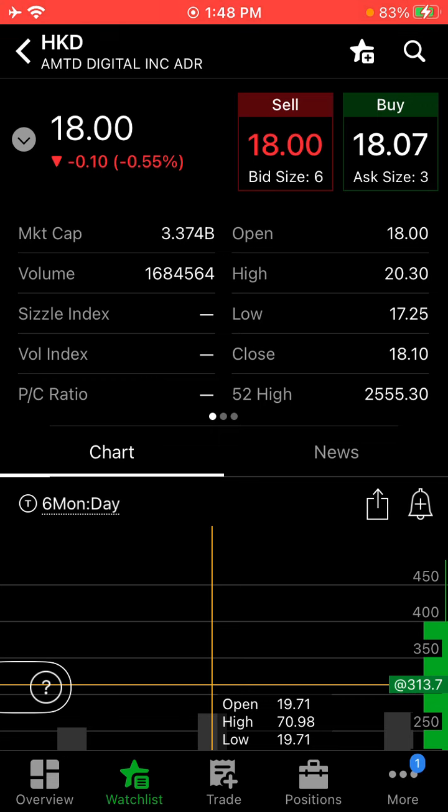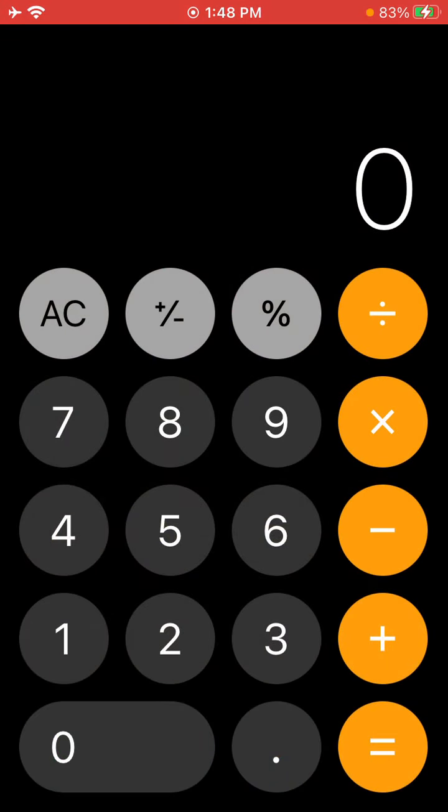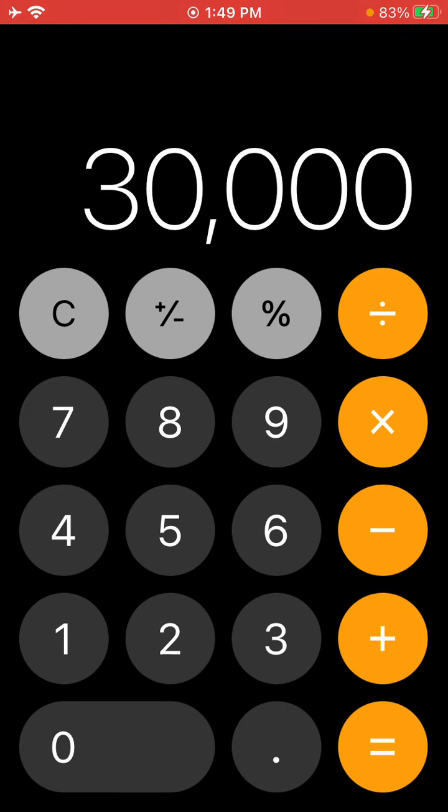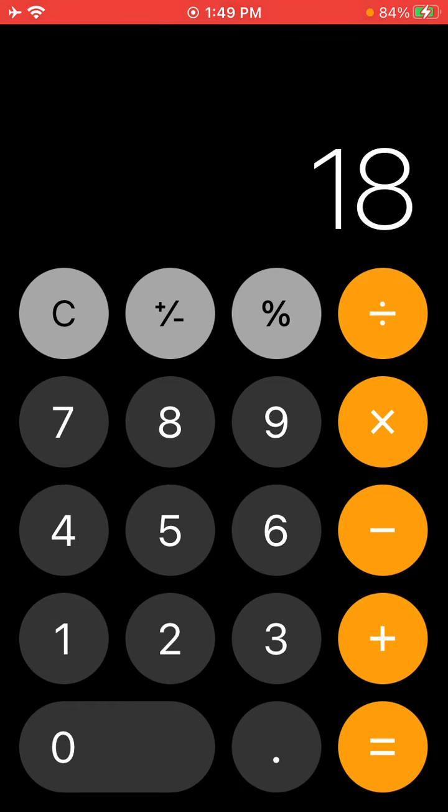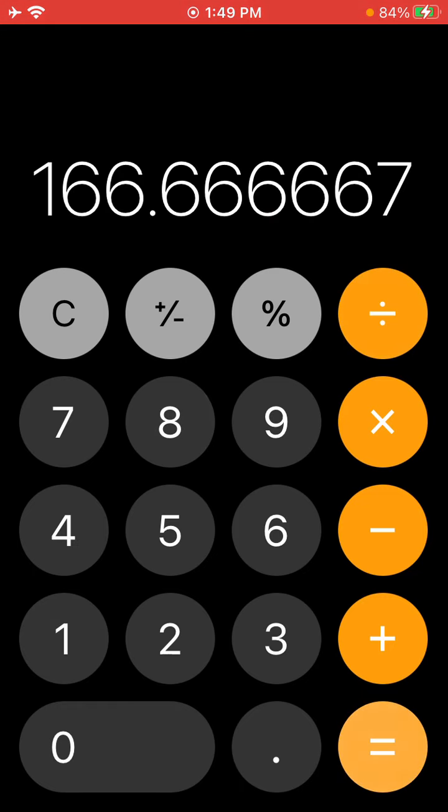If you take 3 billion and divide it by 18, I'll say the shares outstanding is 166 million.